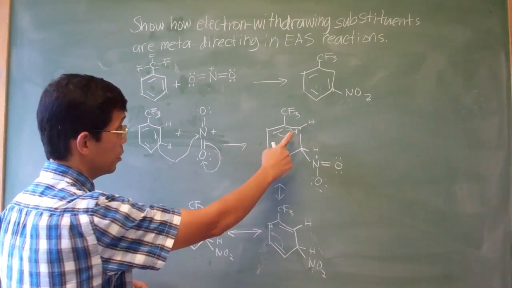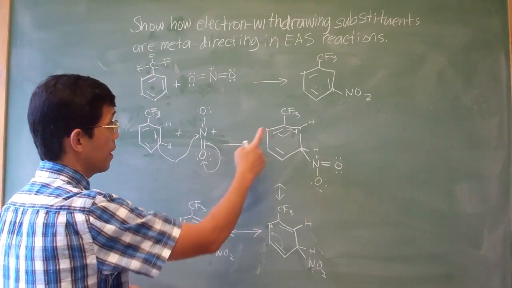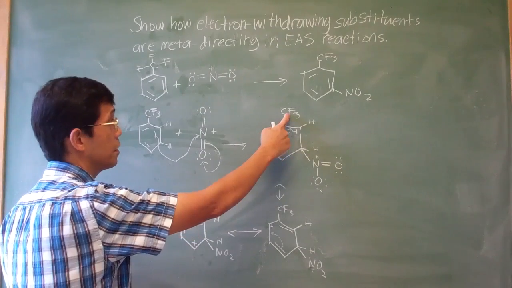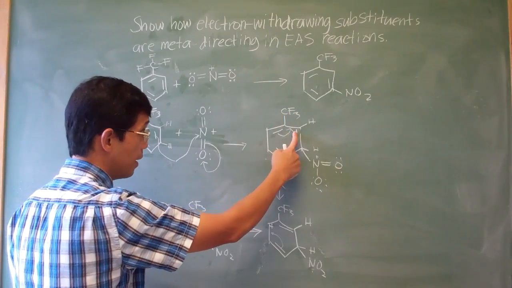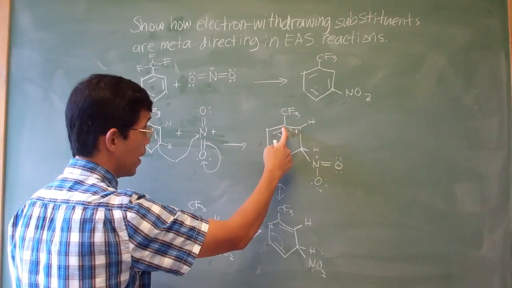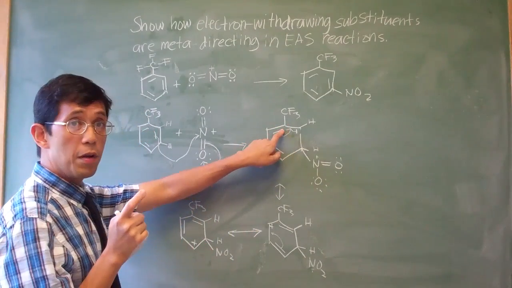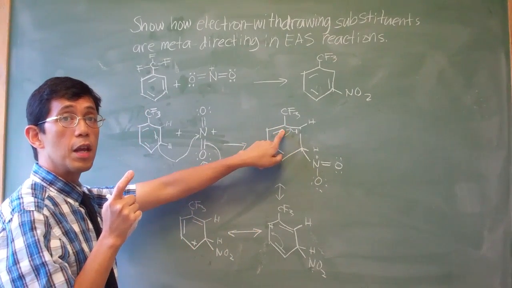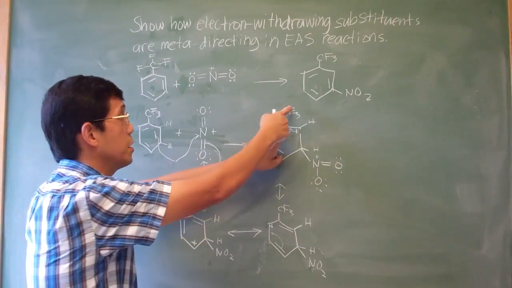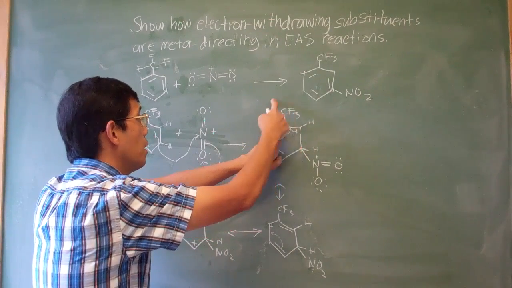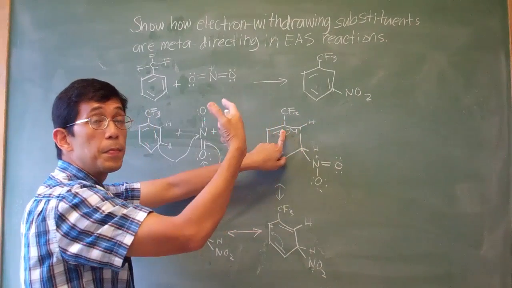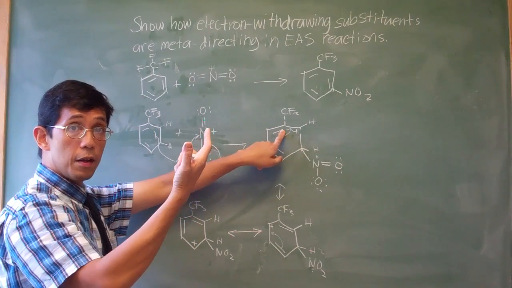Notice that the plus charge bypassed the carbon that bears the electron withdrawing substituent. If the charge were to go on that carbon, then you would have a very, very unstable species, because this carbon is very electron deficient, and then you add a plus charge there. Electron deficient, plus charge, very unstable.